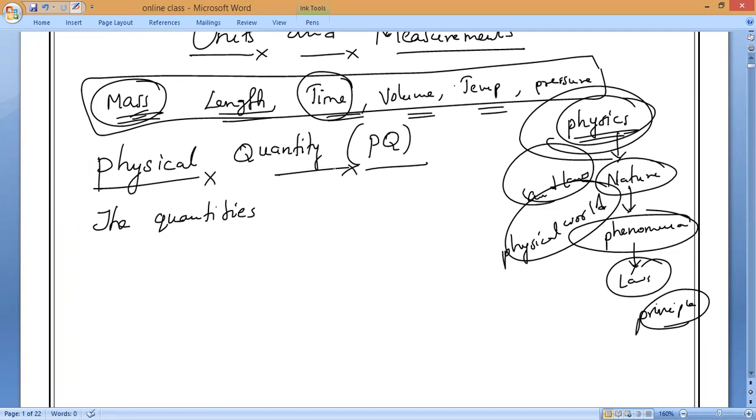If you take mass, I will use a device which will measure the mass. What is the device we use to measure mass? Class 9th you might have studied. Anybody? Yes, please. Mass is measured by what, Mr. Pradosh? Beam balance.